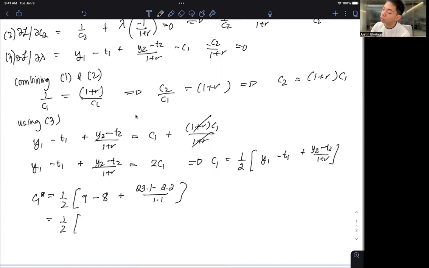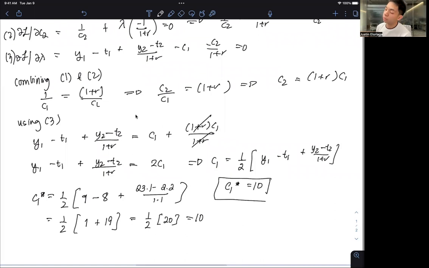This is 1 over 2 times [9 minus 8 is 1, plus (23.1 minus 2.2) divided by 1.1]. Well, that's 19, right? So we're going to be left with 1 over 2 times 20, and that's obviously 10. So we get C1 star is equal to 10, right?